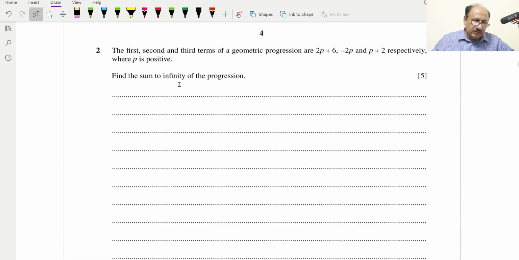The next question says the first, second, and third terms of a geometric progression are, this is the first, this is the second, and this one is the third term respectively, where p is a positive number, and find the sum to infinity of the progression.